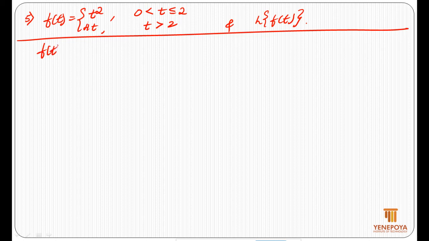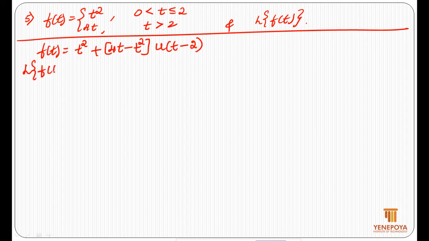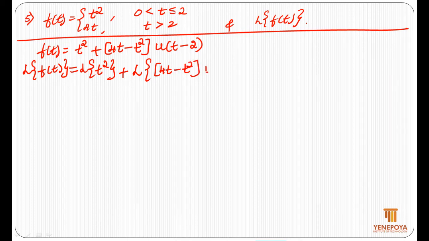So f of t in terms of the unit step function is f1 plus f2 minus f1 times u of t minus a, where a is equal to 2 here. Now apply the Laplace transform. L of f of t is equal to the Laplace transform of t square plus the Laplace transform of the second term, 4t minus t square into u of t minus 2.